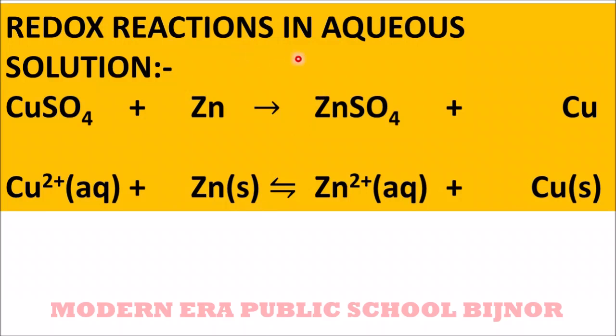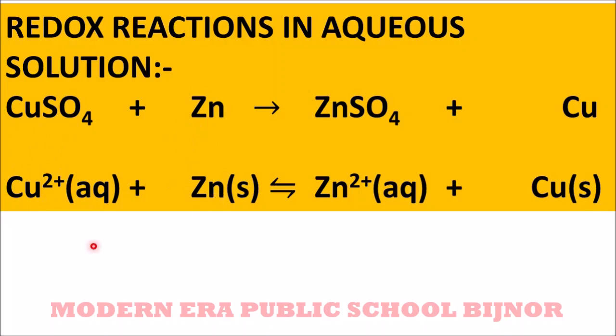The next topic is redox reaction in aqueous solution. Zinc is more reactive than copper, so in copper sulfate, zinc displaces the copper and goes into solution. Zinc sulfate is formed and copper is displaced. In this reaction, the copper ion in sulfate, because sulfate also has a 2 negative charge, has 2 positive charge, and zinc is in atomic condition with no charge.